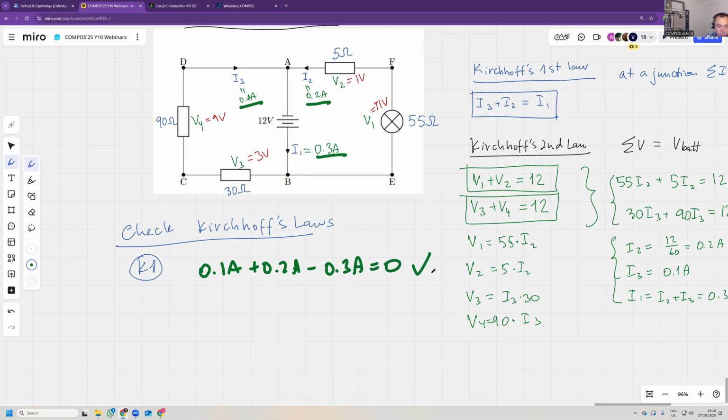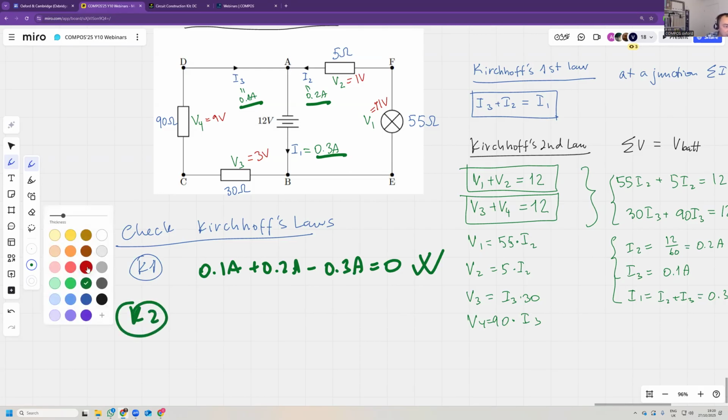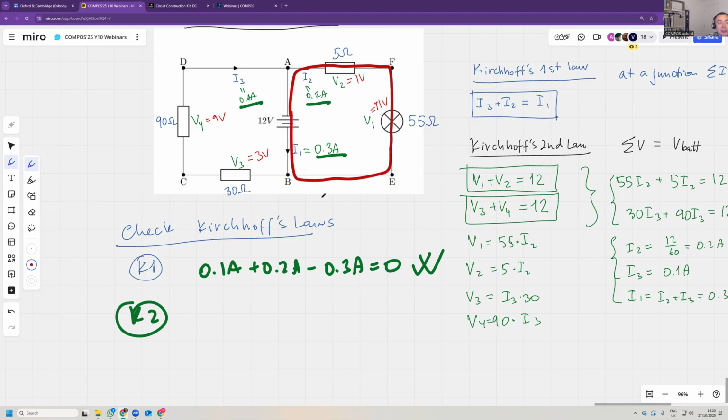That's true. Works. Kirchhoff's second law says that around any loop, the sum of voltages is equal to the voltage in the battery, or in other words, the sum of voltages is 0. So if we go around this loop in this direction, we gain 12 in the battery.